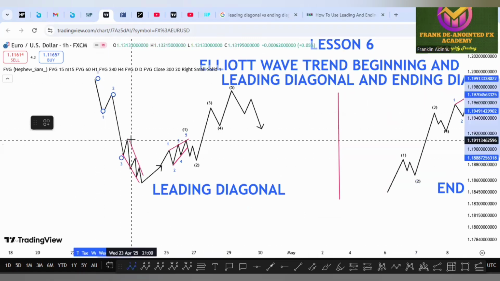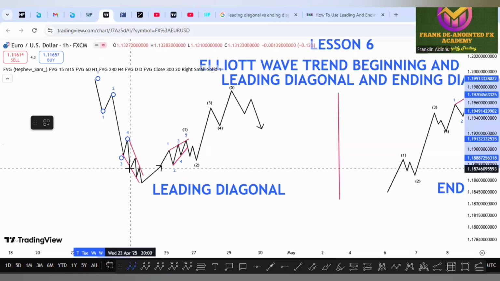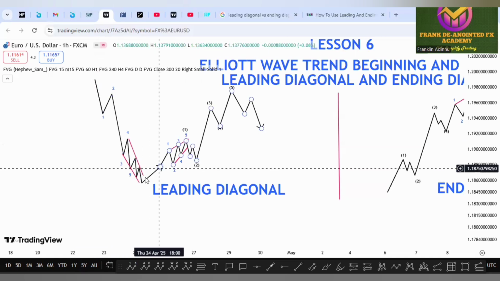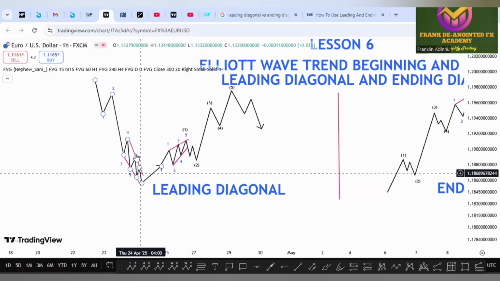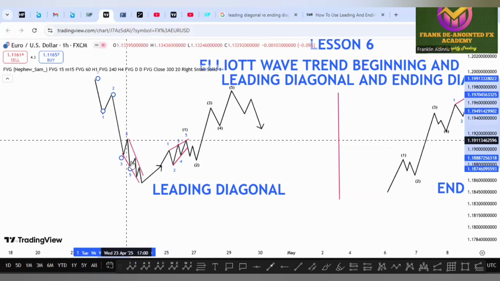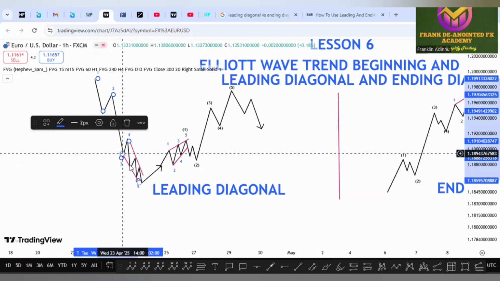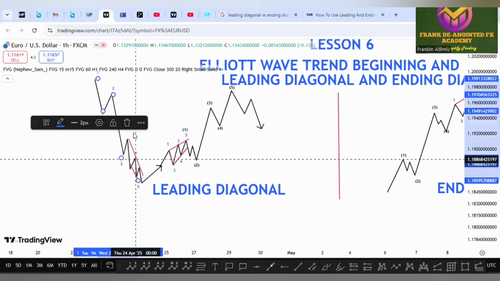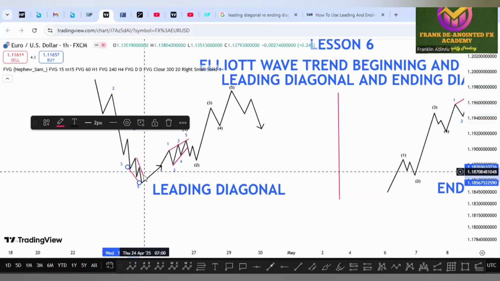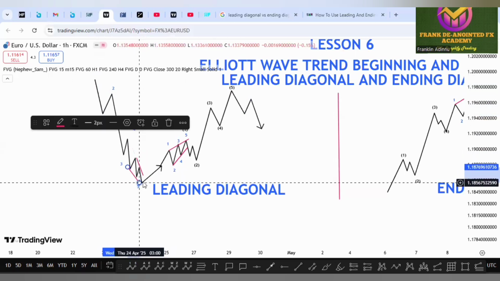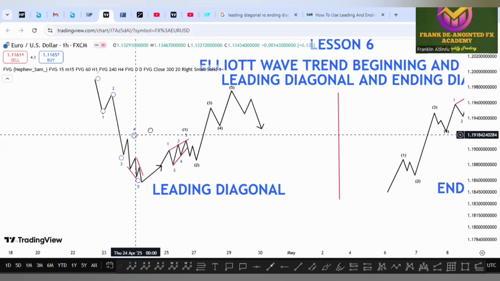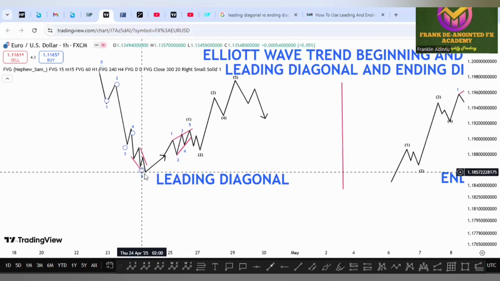I made a mistake in my drawing. Looking at it, you can see the fifth wave was an ending diagonal.